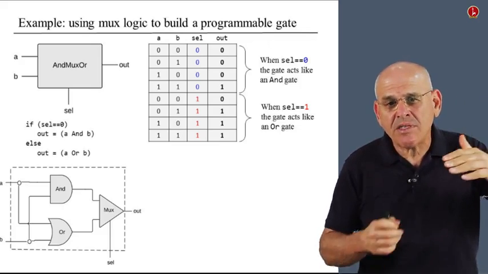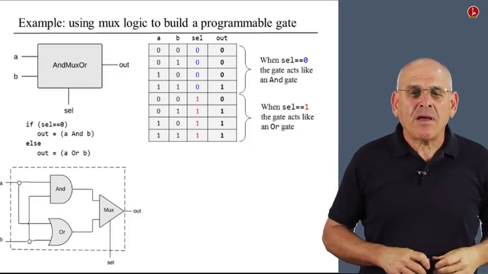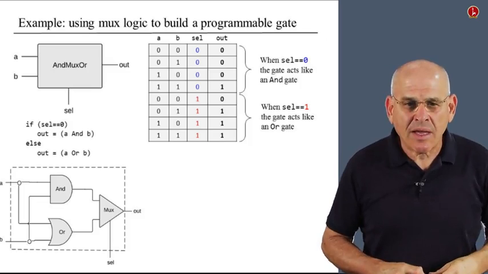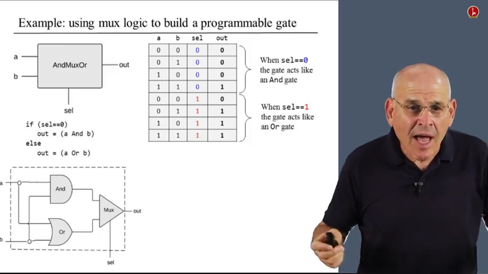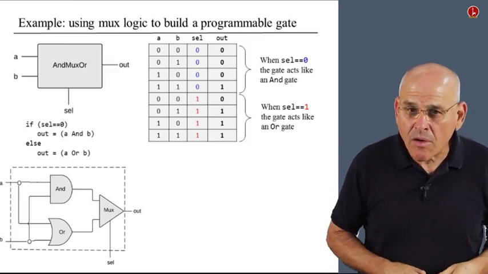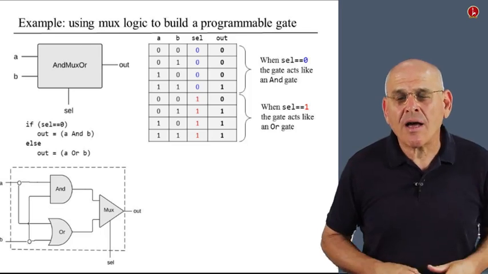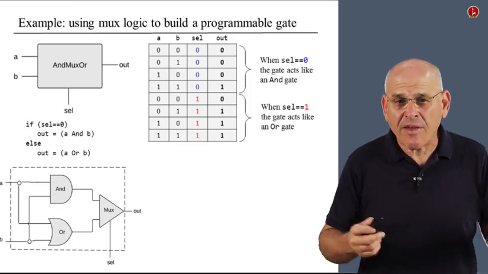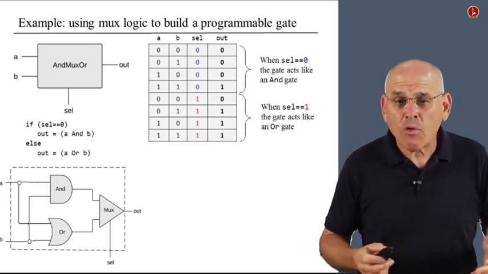So the A input is fanned out into both AND and OR, and the same treatment is done with the B signal. And then I use a single multiplexer to decide if I want to output the result of the AND or the result of the OR. So the user of this gate that sees only the interface of the gate gets exactly what he or she wanted, a programmable gate.